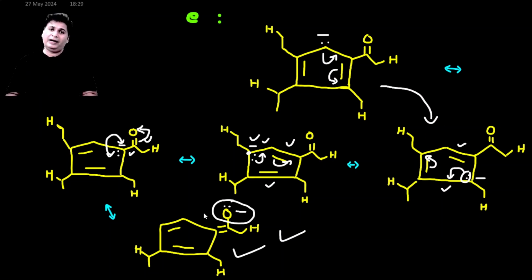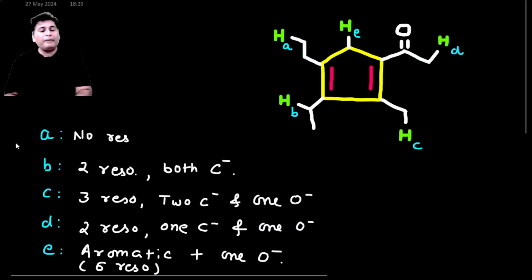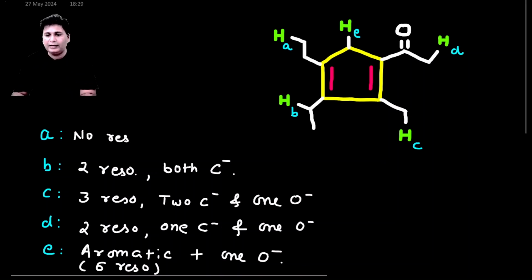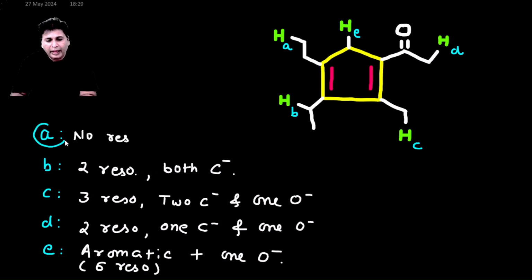So now in the final slide I have compared all the merits, demerits, whatever is associated with A, B, C, D and E. Let us try to see all one by one. Now coming on to A. A, you saw after you remove this hydrogen, the minus sat on this carbon and there was no conjugation.